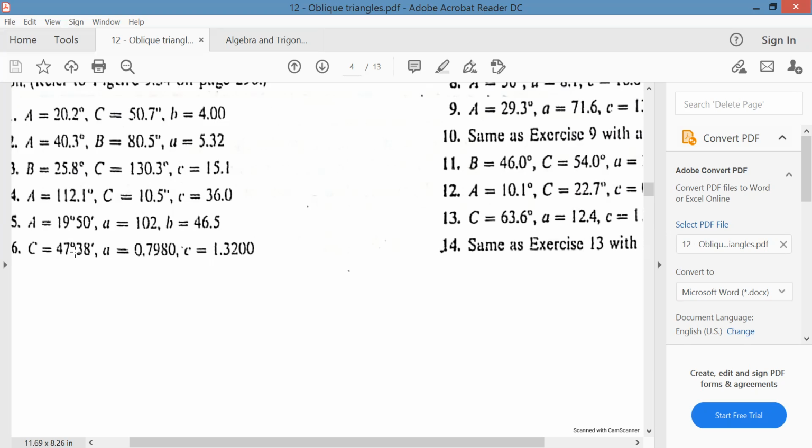Because A, C and angle C is given, so all these given information will be there. The angle A, then we will be able to calculate. Okay, all of you write down the relation.